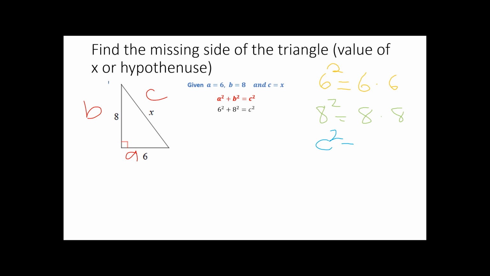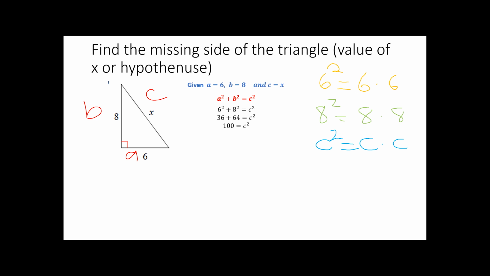C squared is c times c. So you have 36 plus 64 equals c squared. When you add 36 and 64, it's 100.